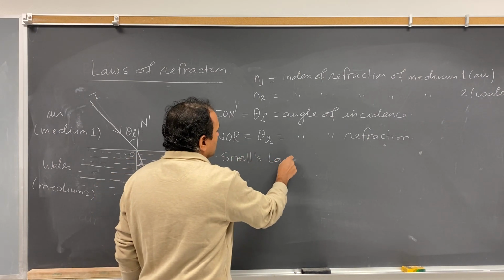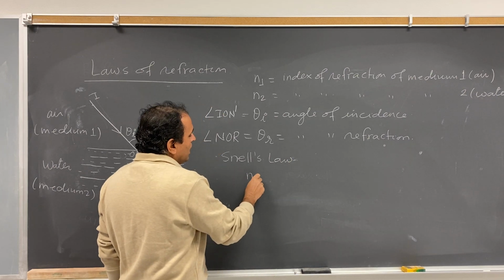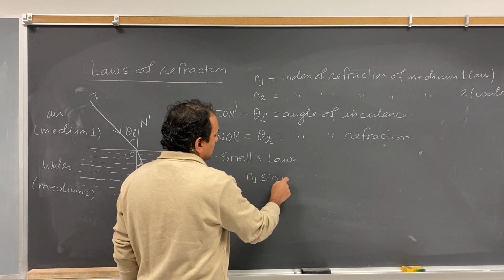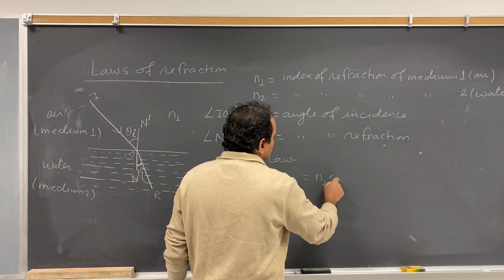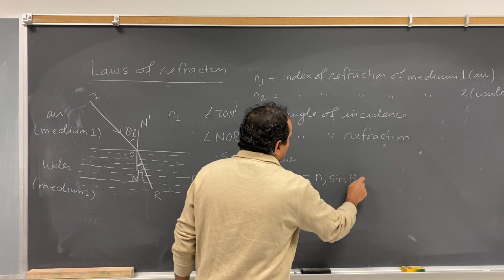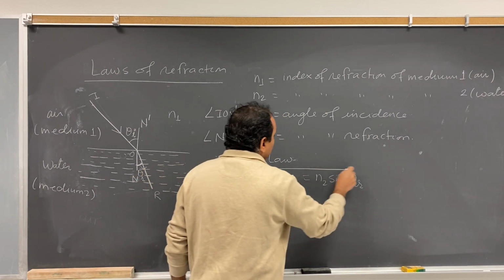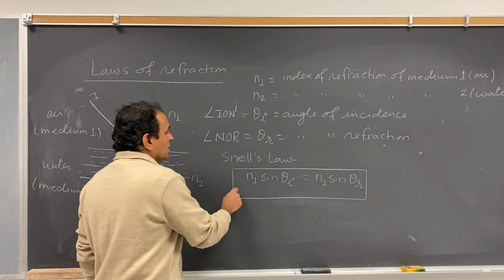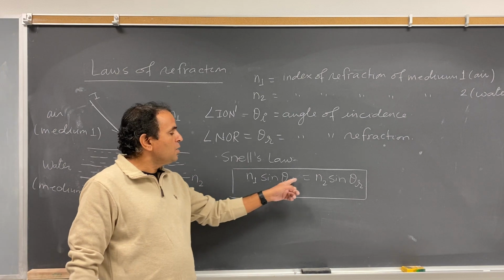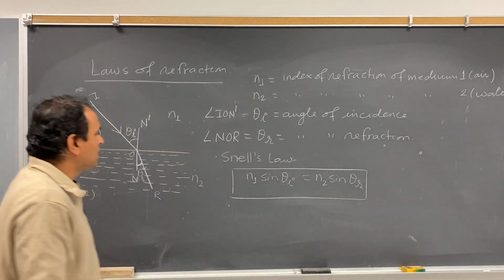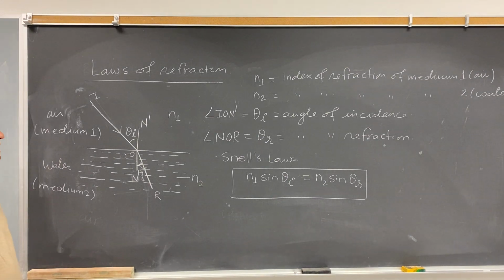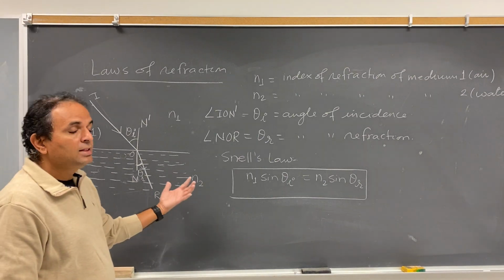Snell's law is N1 sine theta I is equal to N2 sine theta R. This is Snell's law. Or you can write N1 sine theta 1 equal to N2 sine theta 2 also. It depends how you define the parameters.